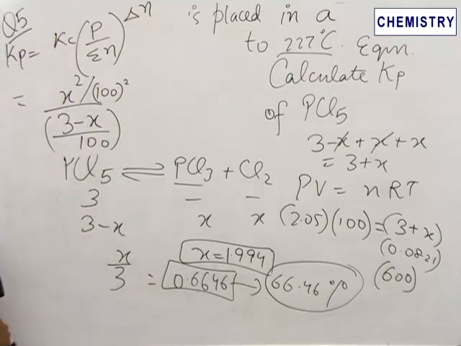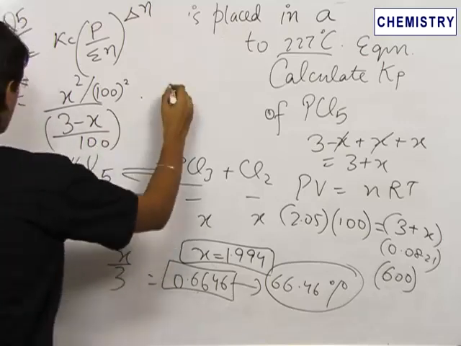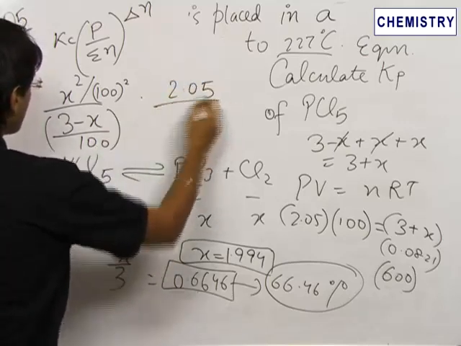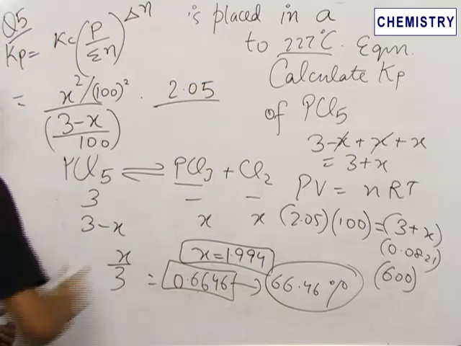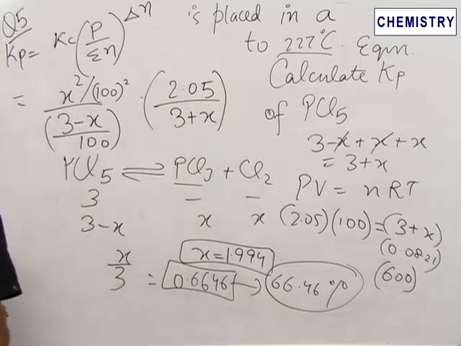This is the Kc part, into pressure, which was given to be equal to 2.05 at equilibrium, divided by the total number of moles at equilibrium, that is 3 plus x, raised to the power of delta n.